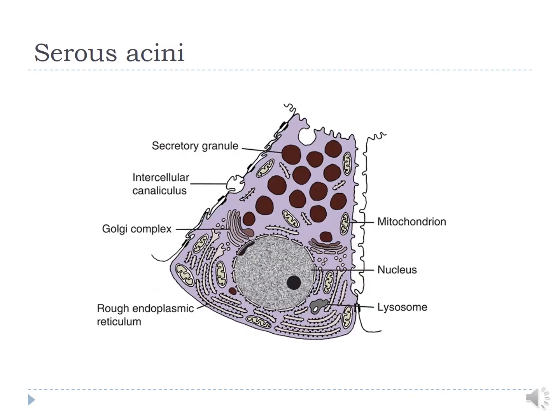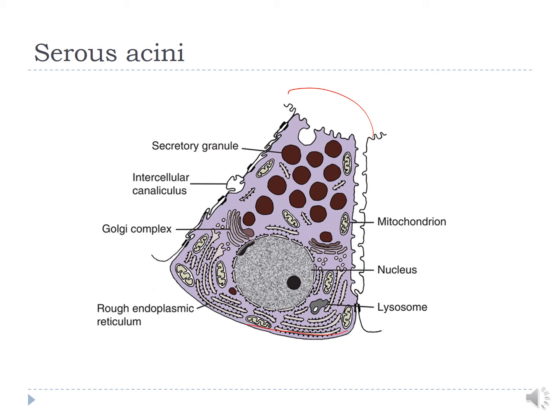So the serous acini are generally pyramidal in shape. The cells have a broad base facing the basal lamina and a relatively narrow apical surface facing the lumen of the acinus. So this is the narrow apical surface.